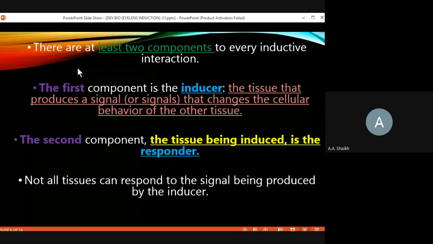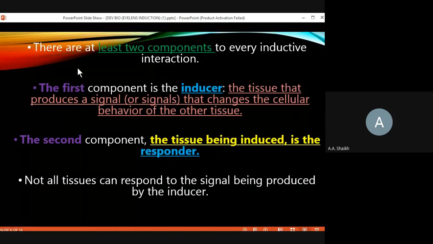Firstly, the inducer is going to release some signals. The signals will change the entire behavior of the other cell or tissue where the signals get attached. The cell or tissue which accepts the signals, reacts to them and receives the signals released from the inducer is the responder, which receives the signals with some receptors.